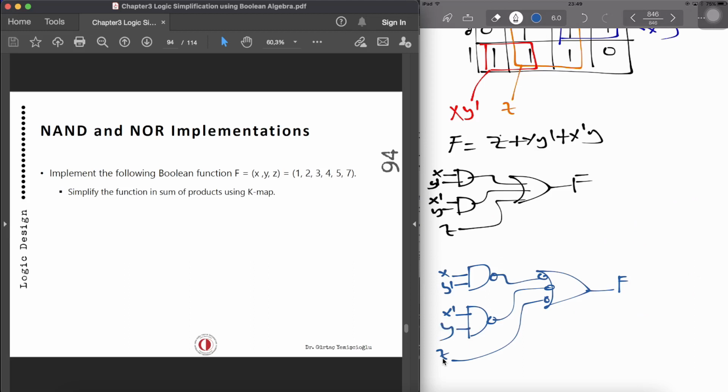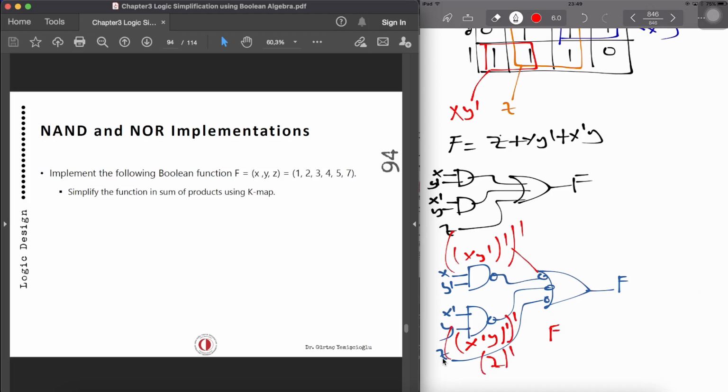and Z. This is X, Y prime, X prime, Y. Now let's check if this is going to give us the same expression. So X, Y prime, prime, X prime, Y prime, and Z. Now because of that, this is going to be another prime, and for those as well, prime, and this will be prime.